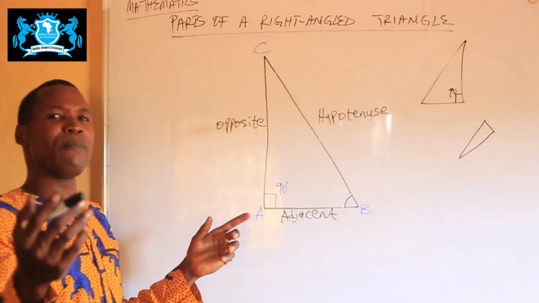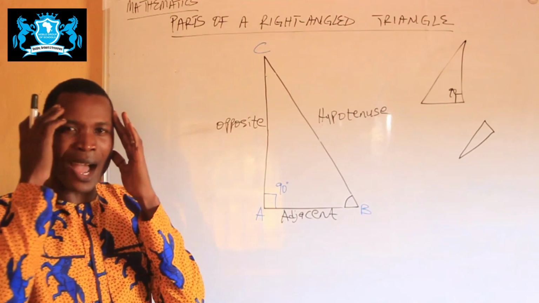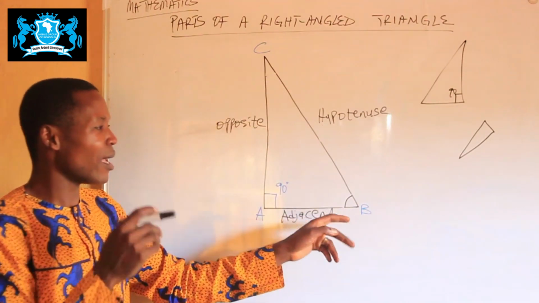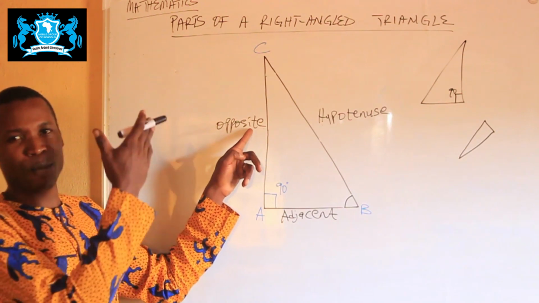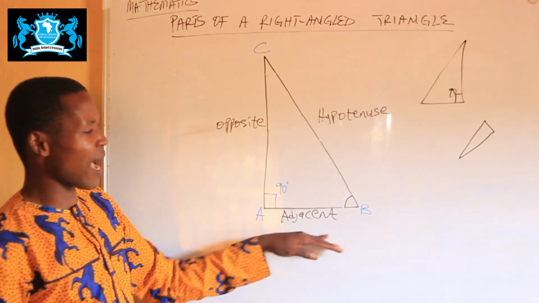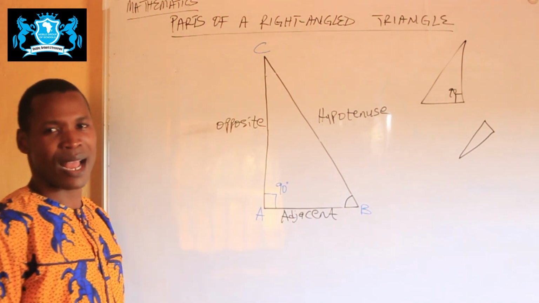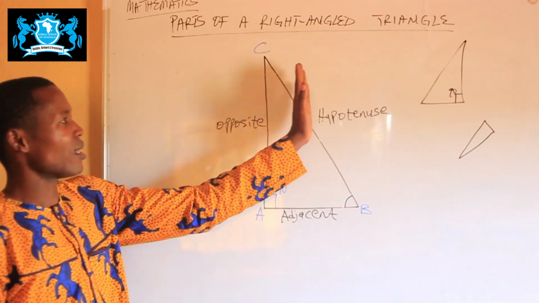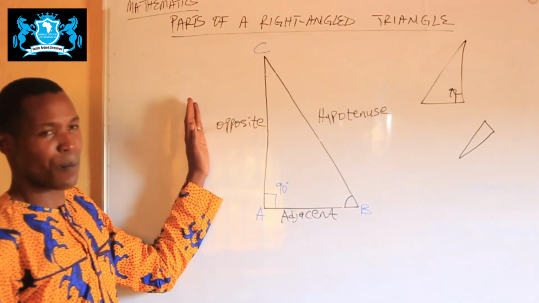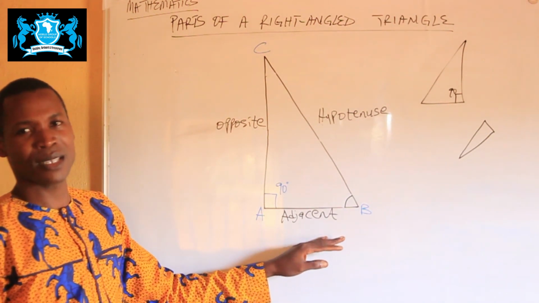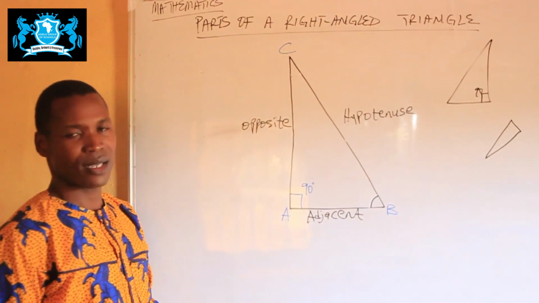So before you name the opposite, ask yourself, where is the angle? Is it up here or down here? If you see the angle here, then that opposite side should be the opposite. Then the base side, you will now call it the adjacent. So what do we say? Here, hypotenuse. The one opposite the angle, opposite, then this other place is called the adjacent.